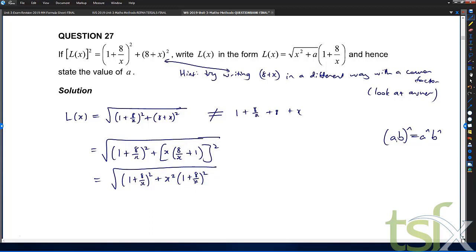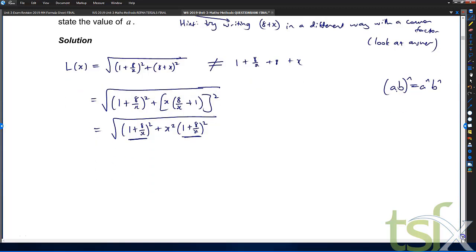They both get that squared. Which now means inside the square root, I've got a common factor of 1 plus 8 on x all squared.